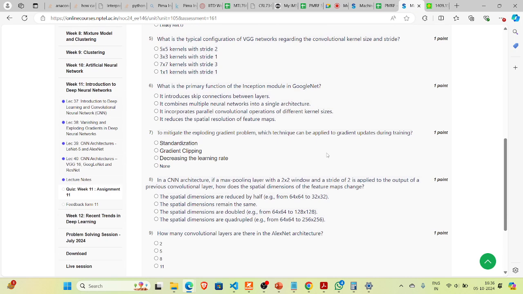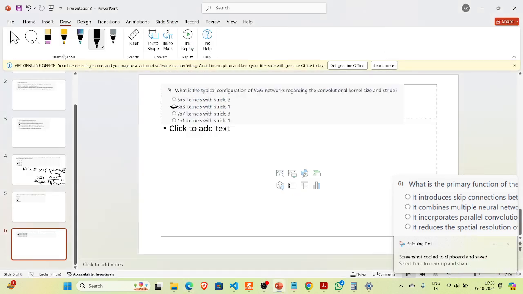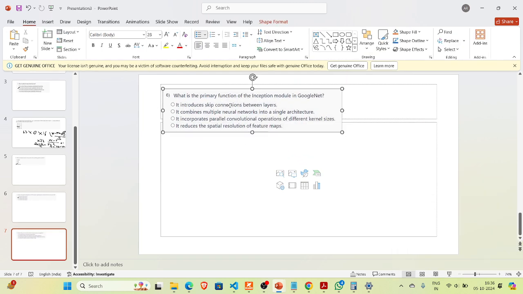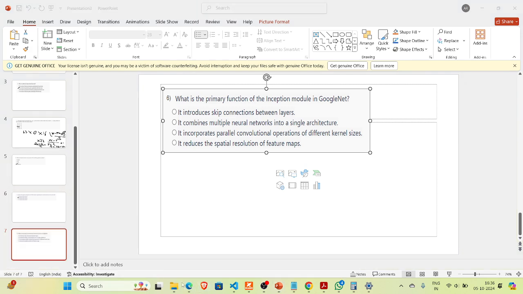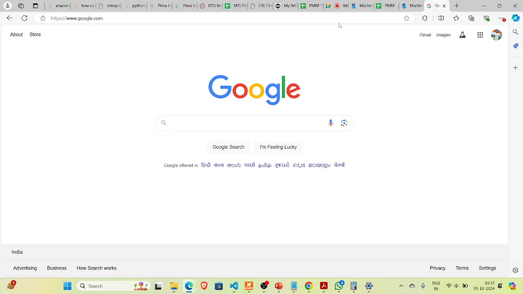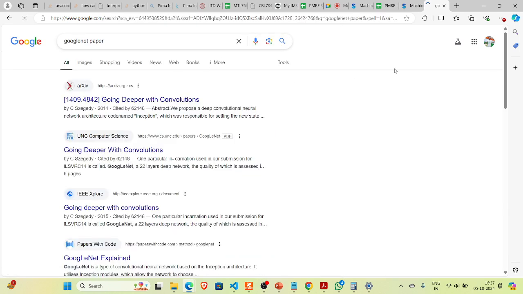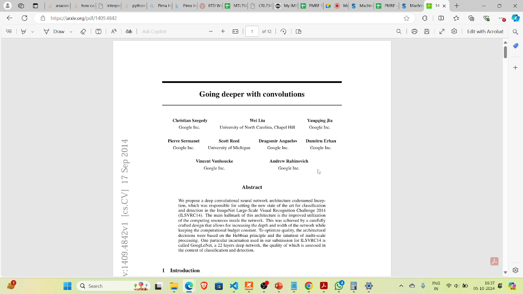So what is the primary function of the inception module in GoogLeNet? So first we need to find the GoogLeNet paper. So this is the GoogLeNet paper that we have here.